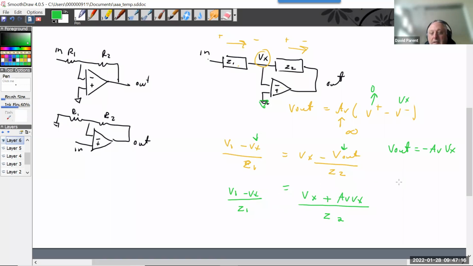But really, now I set this to infinity, and what happens is Vx goes to 0, okay? So then I can come back here. If Vx is very close to 0, then V out over V in equals minus Z2 over Z1. All right. So now you kind of have that, right?